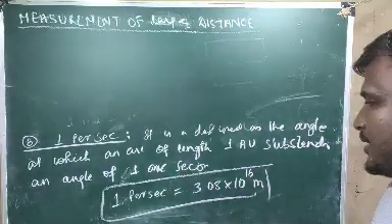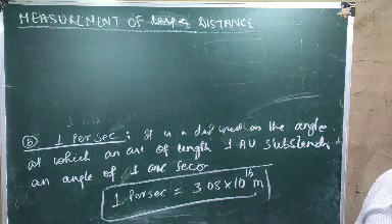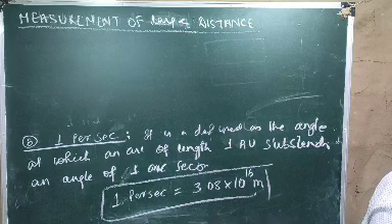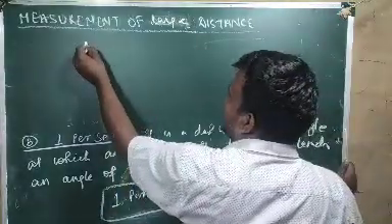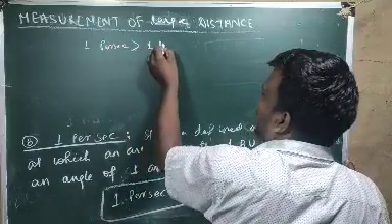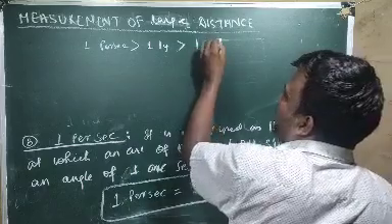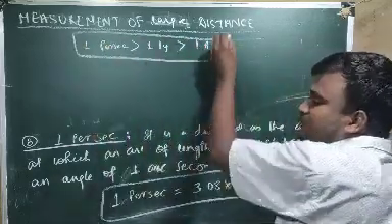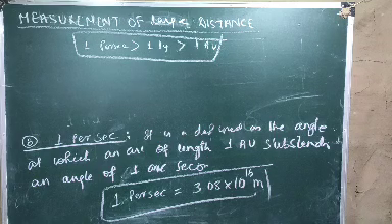We can conclude that 1 parsec is the largest distance known till now. That is, 1 parsec is greater than 1 light year, which is greater than 1 astronomical unit. Remember this.